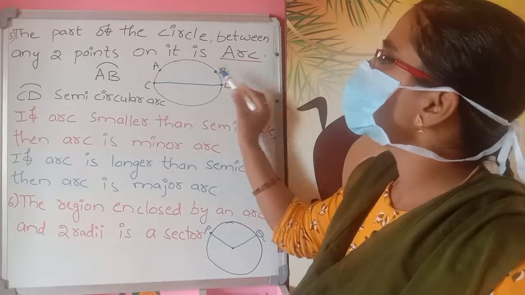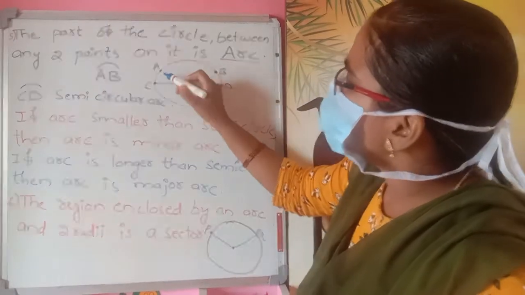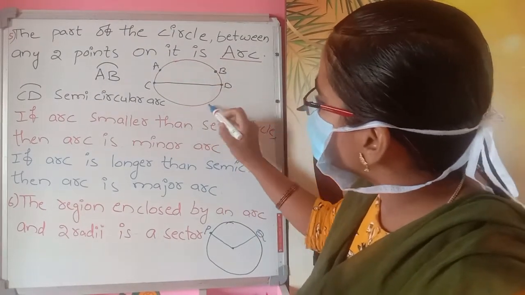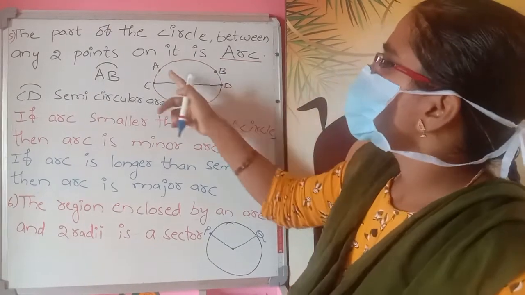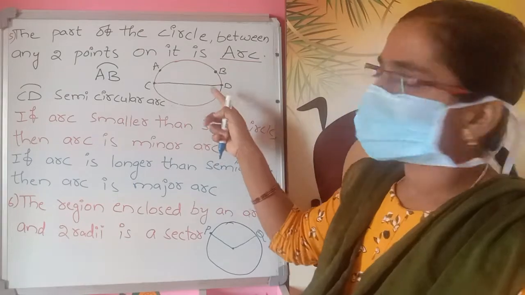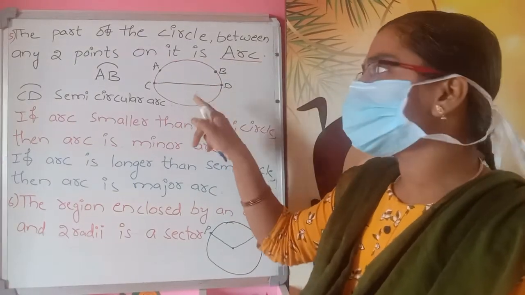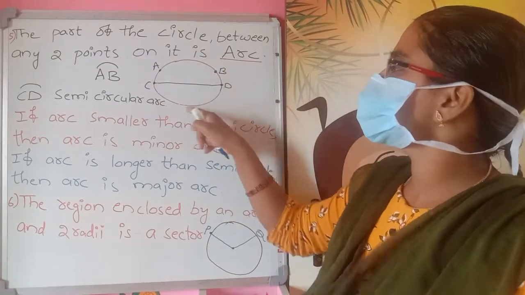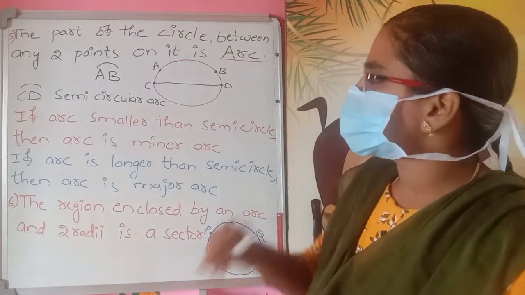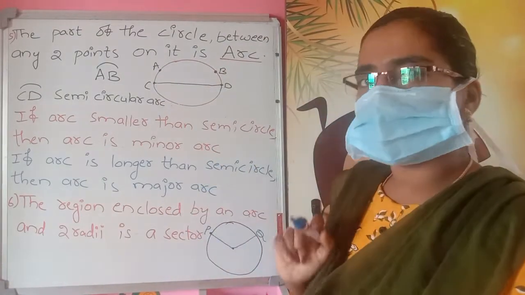And from here, ACDB is also an arc. If this arc ACDB is more than a semicircle, it is called a major arc.